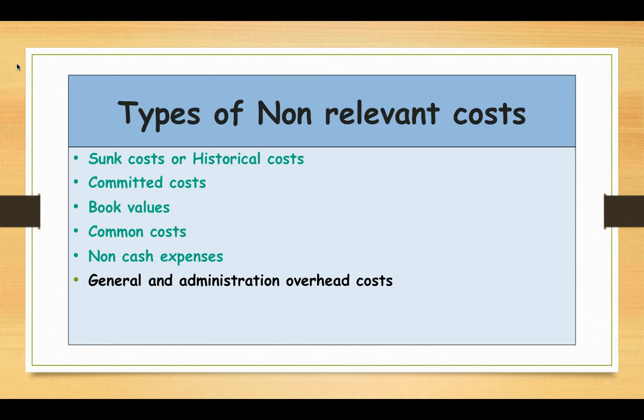The next one is called notional cost. Notional costs are imaginary costs. Okay, so imaginary costs or speculative costs or conceptual costs, these are notional costs. These notional costs are not relevant because they have no actual existence.